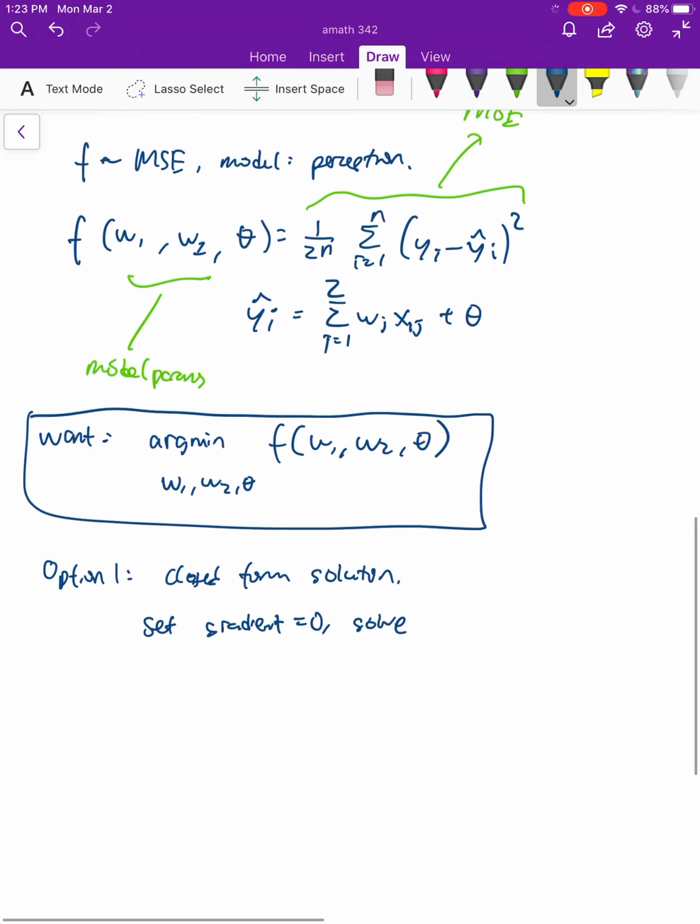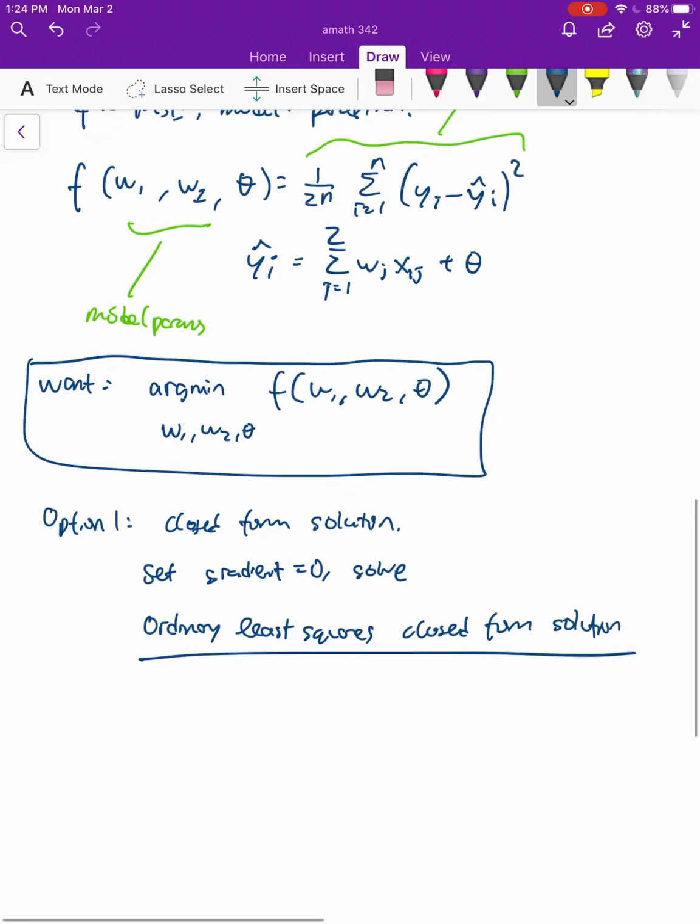And it turns out for the MSE and Perceptron problem, we actually do have a closed form solution. You can Google ordinary least squares closed form solution, if you want a one-liner for the closed form solution of this problem.